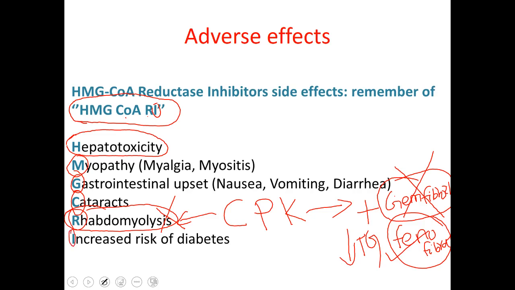The last I stands for increased incidence of diabetes, which is unproven. So, which is not certain. There are few studies which have shown an increased risk. Similarly, few studies have shown an increased risk of memory loss with statins use.